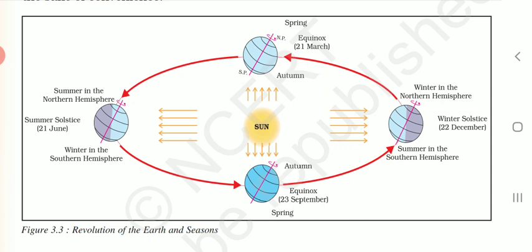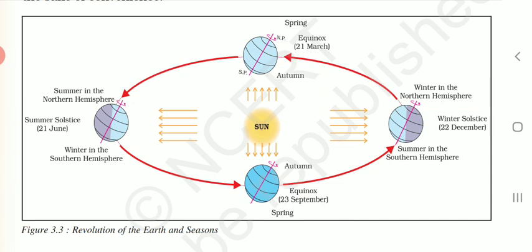As you can see, the northern part of the earth is facing toward the sun this time. The northern hemisphere is having the summer season, and at the same time the southern part of the earth is far from the sun, and therefore you can see there is winter season in the southern hemisphere.